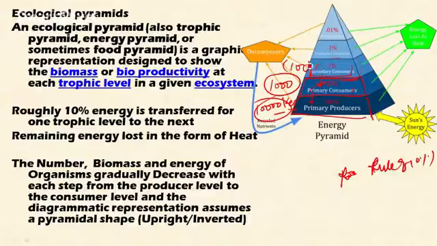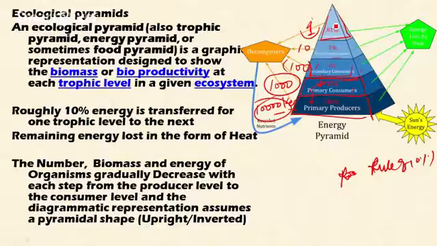The next level gets only 10 kilocalories, and the top trophic level gets only 1 kilocalorie of energy. So roughly 90% of energy is lost at each trophic level, and very little energy is available for the last trophic level. This is called the rule of 10.